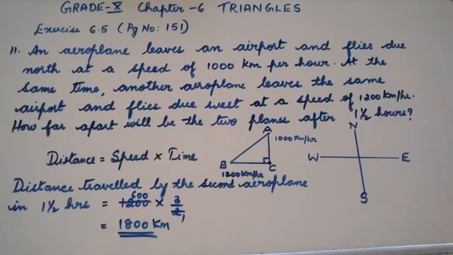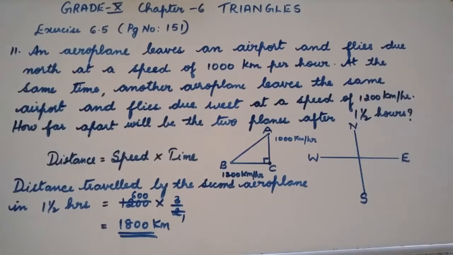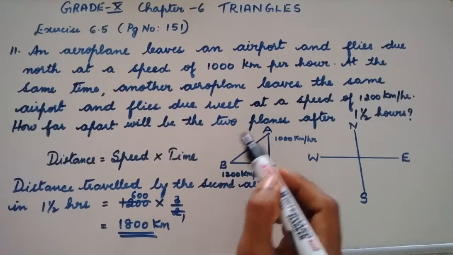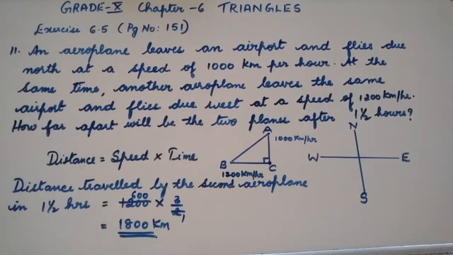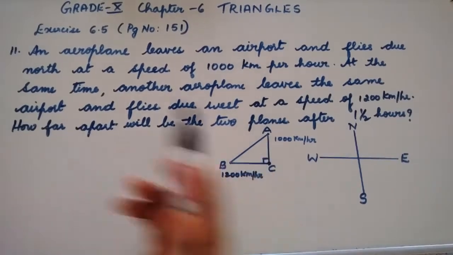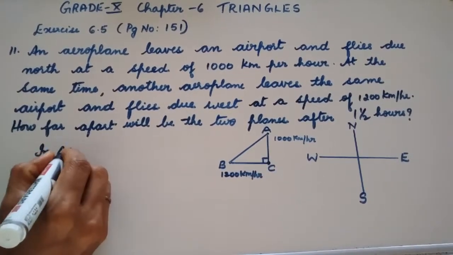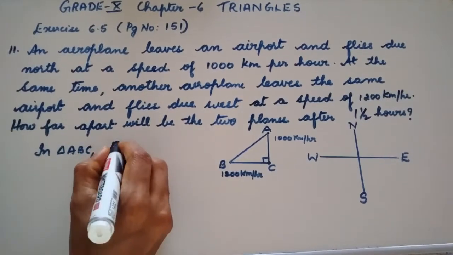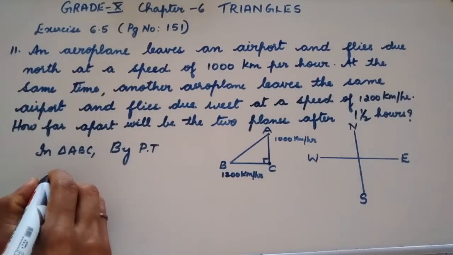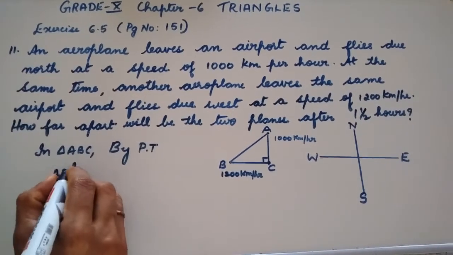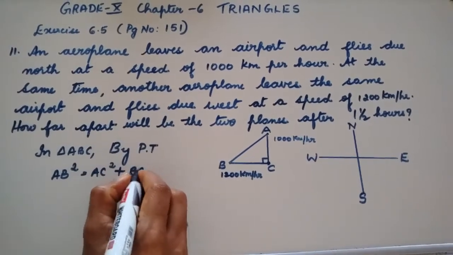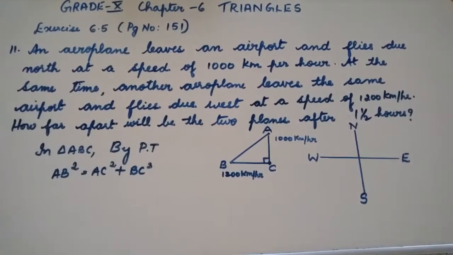Next, by using the Pythagoras theorem, we can find the distance between the two planes, that is, distance between A and B. So, in triangle ABC, by Pythagoras theorem, we have the hypotenuse AB, that is AB square is equal to AC square plus BC square.